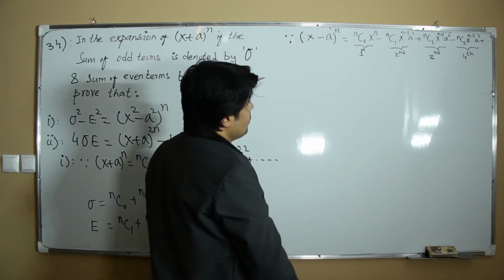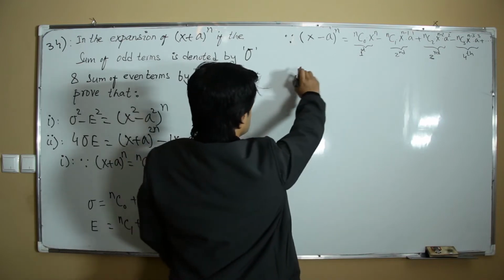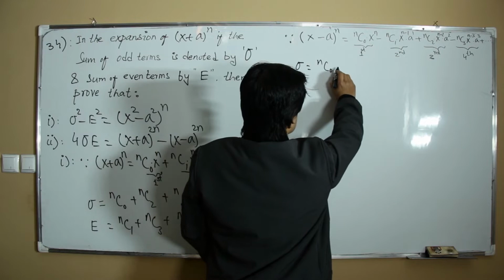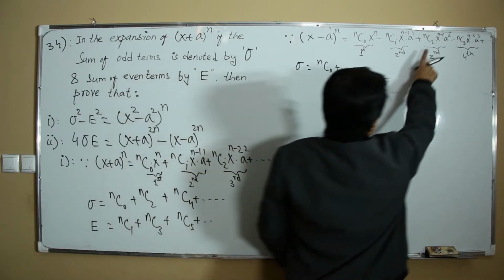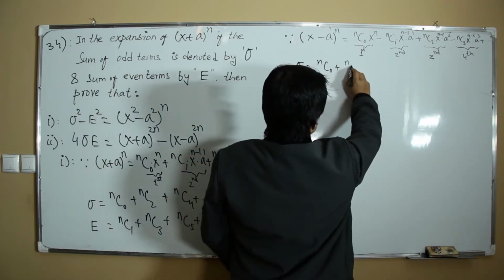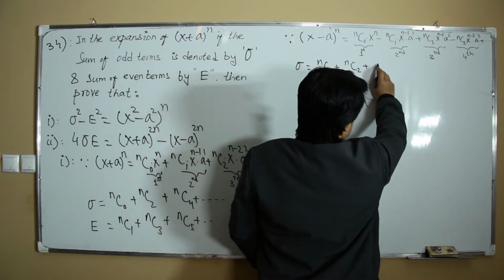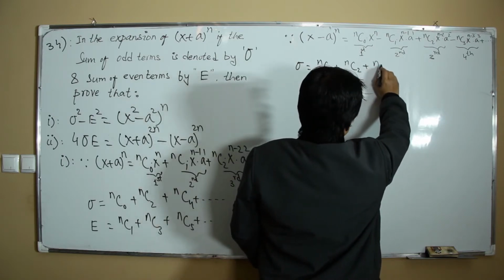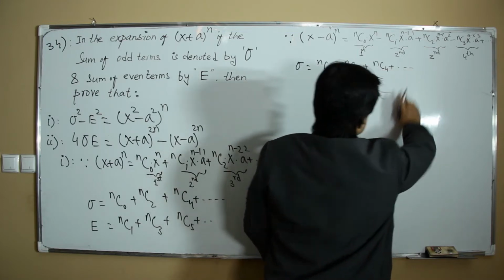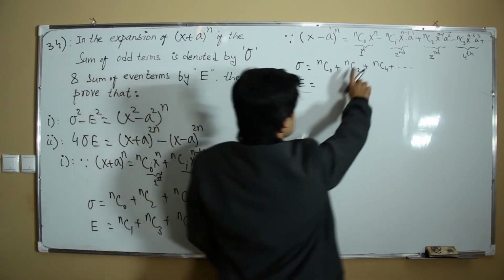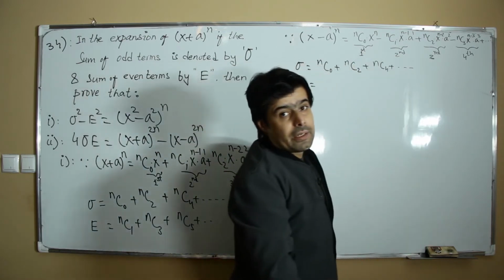Now you know in here that the odd terms are nC0 plus nC2 plus nC4, like this one. But the even terms has negative sign.